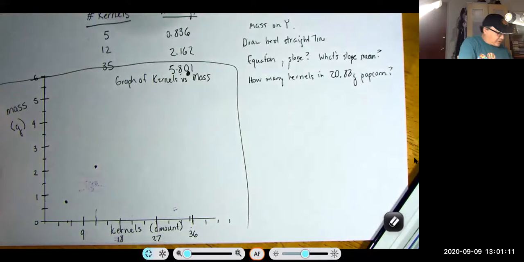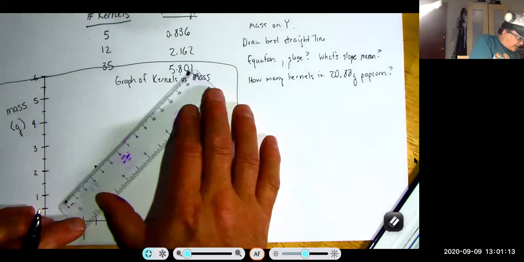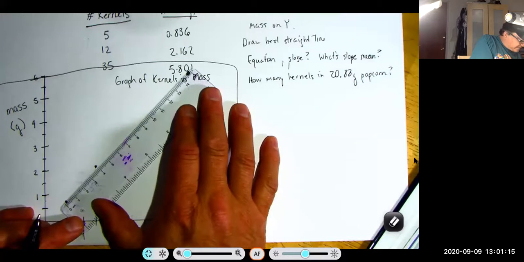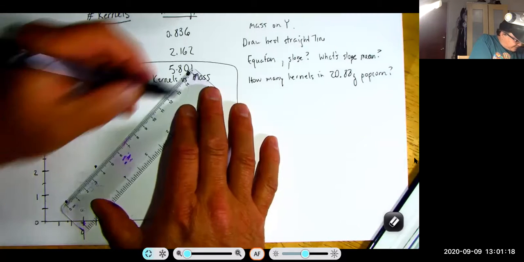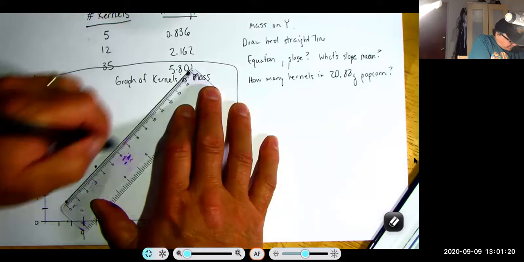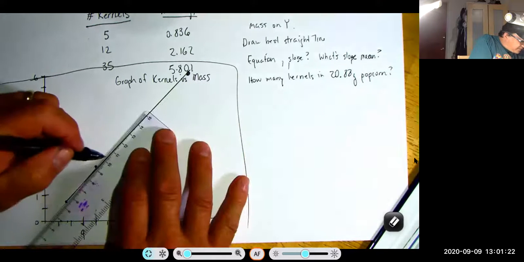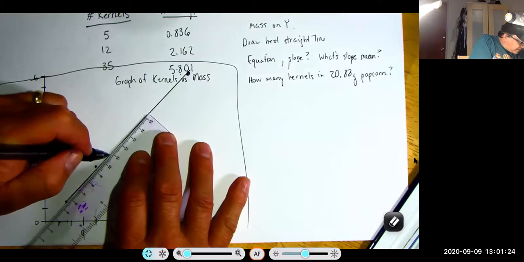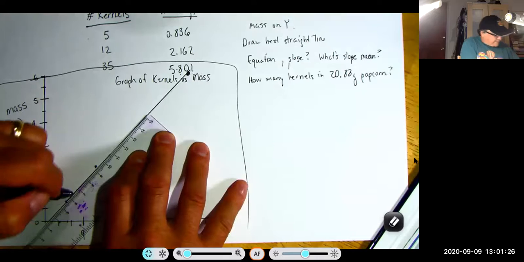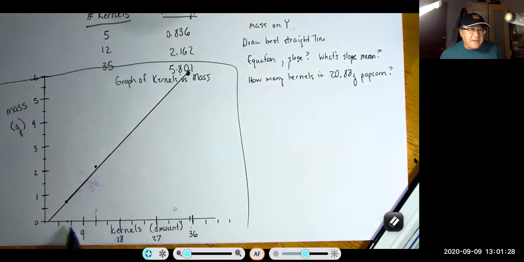Okay, so I want to draw my best line. And here, I'm going to go ahead and extrapolate. Now, when this extrapolates back, it should extrapolate back close to 0, 0, because the idea there is 0 kernels should have 0 grams.